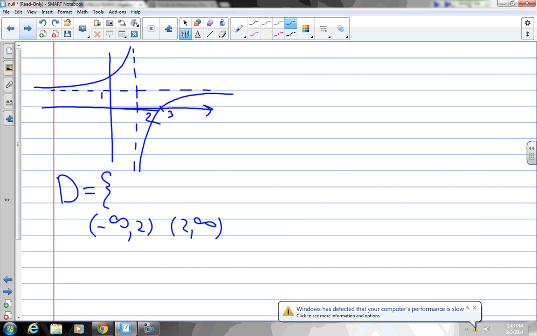I'm miming it very hard. Yeah, the union. That's how you connect them, because that shows that I need both of them together. So you take the union. Or you can just say all x such that x does not equal 2. That's also okay. All right? What about the range of this function?